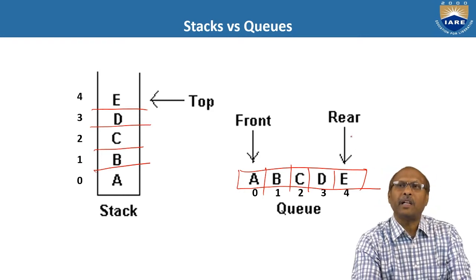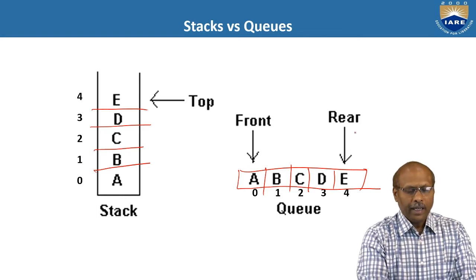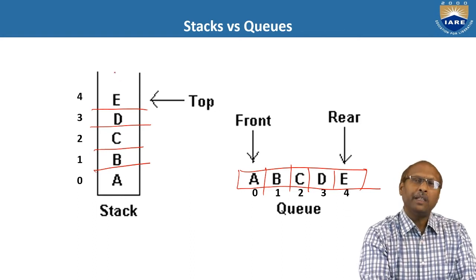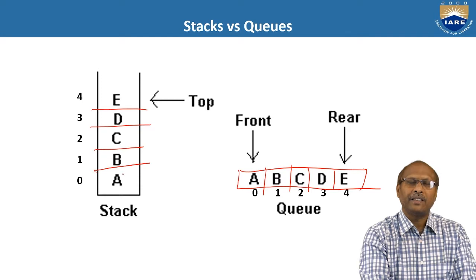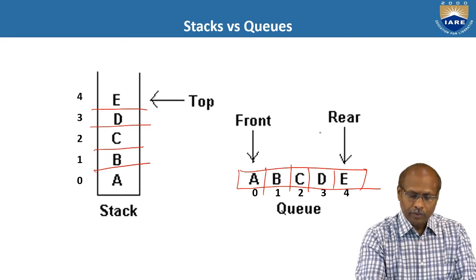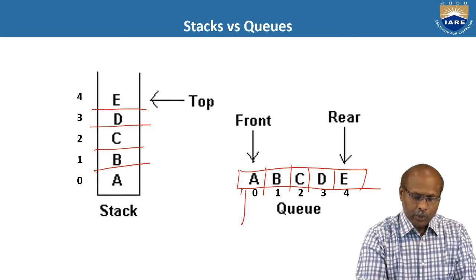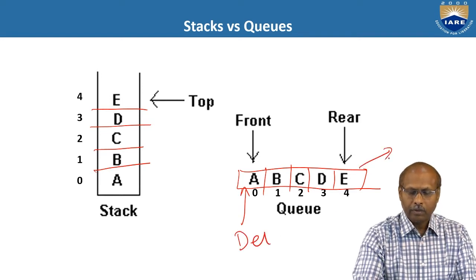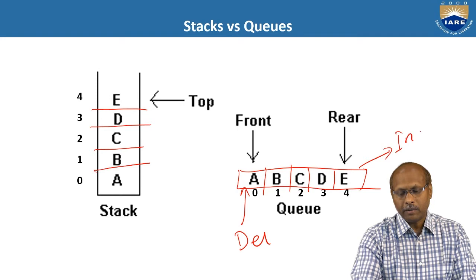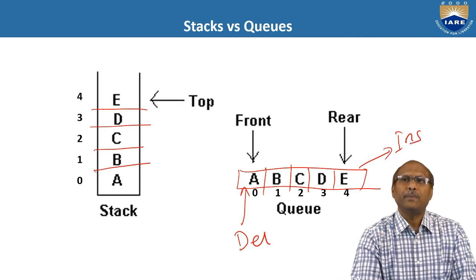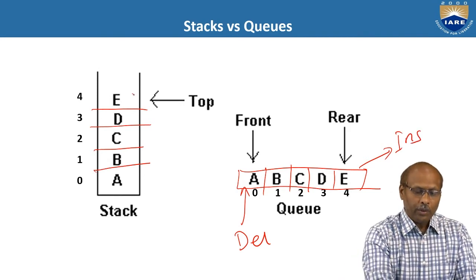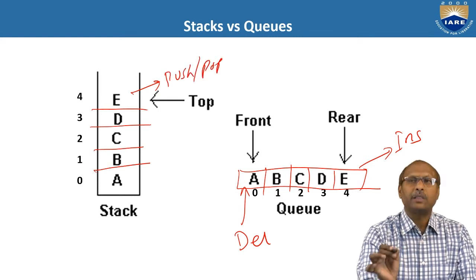The last element is called the rear element. In the case of stack, the top element is the place where you can do insertion and deletion. In the case of queue, here you can do the deletion operation, and here you can do the insertion. In the case of stack, at the top only you can do push as well as pop. So try to remember these two things.